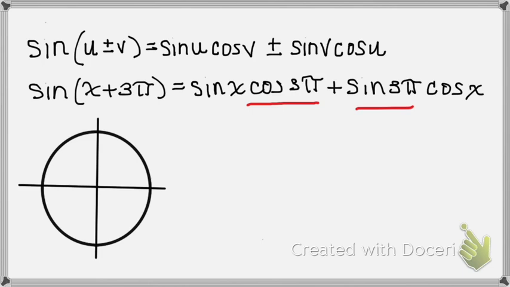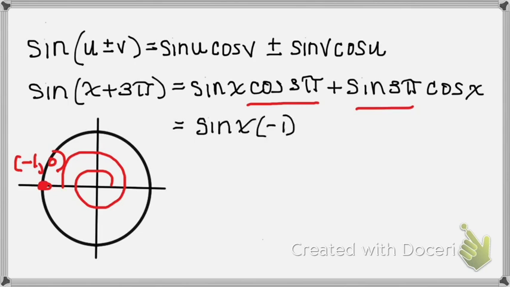Looking at a unit circle, the cosine of 3 pi, if I go around pi, 2 pi, 3 pi, I'm going to get xy coordinate of -1, 0. And what's cosine on a unit circle? It's the x coordinate. So the cosine of 3 pi is -1. I can just write sine x times -1 plus sine of 3 pi, ending up at the same place.